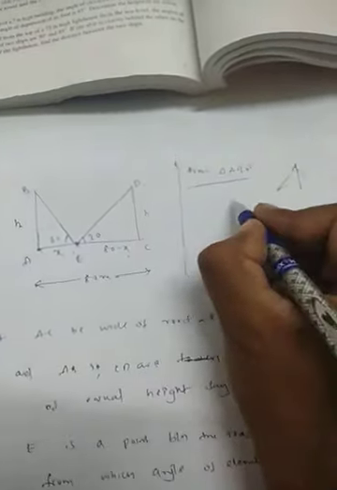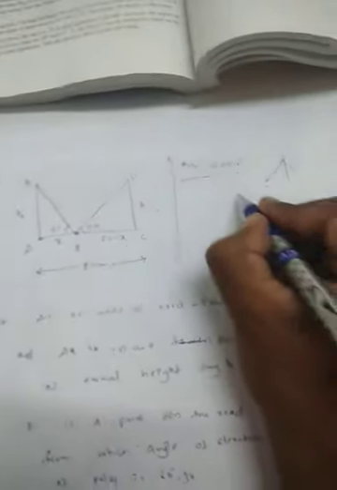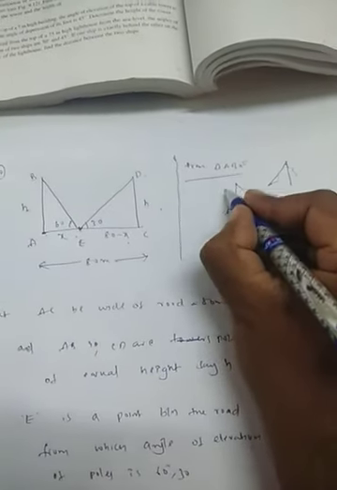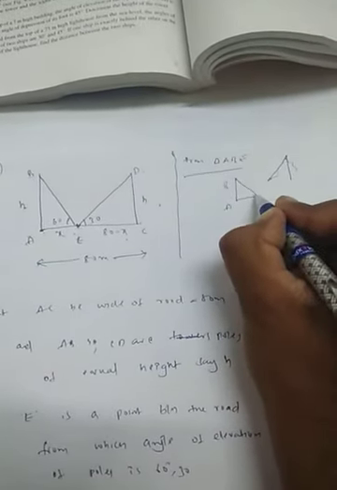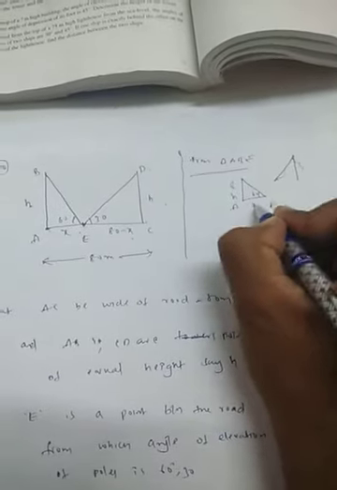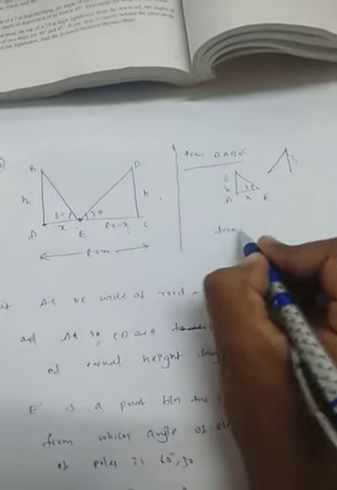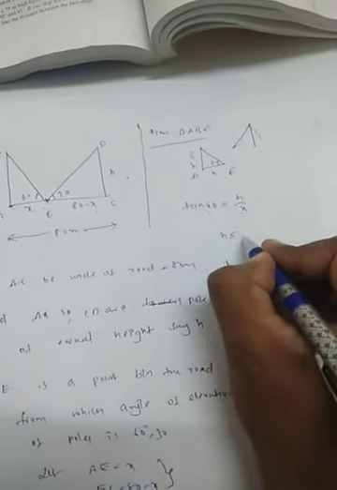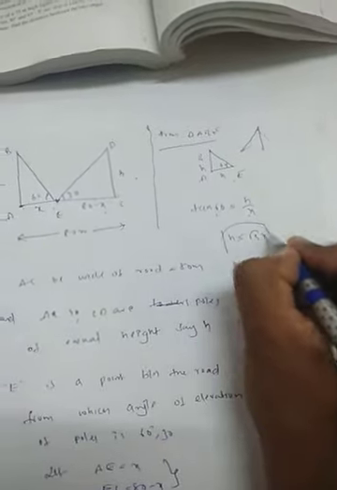In triangle ABE, the angle is 60 degrees, the height is h and the base is x. So tan 60 is equal to opposite by adjacent, that is h by x. So h is equal to root 3 into x. The value of h we got is root 3 x.